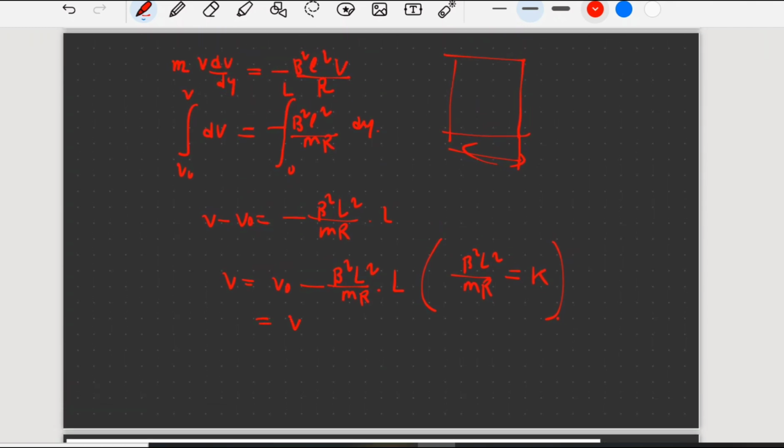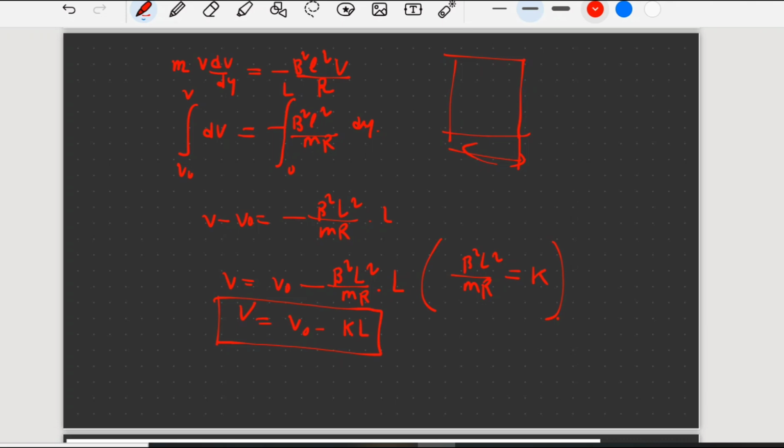If we put that, we'll get k into L. So when the loop will completely enter inside the magnetic field, that time the velocity of the loop will become v naught minus kL. And after it completely enters the magnetic field, that time the net force on the loop will become 0. And after that it will continue with that speed. It will continue to move with that speed along y direction.